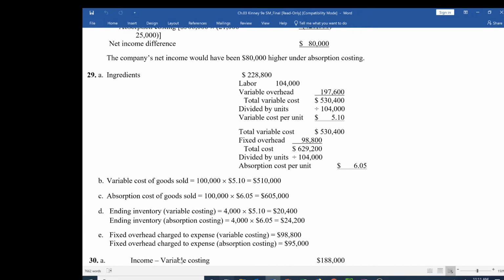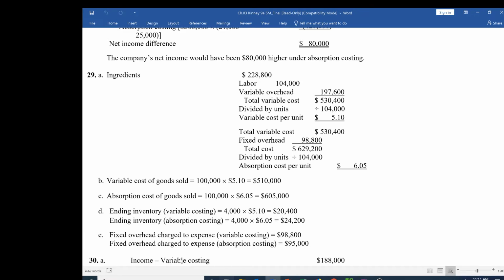Now, if we look at this, materials, labor, and overhead being 530 divided by units, the variable cost per unit is $5.10.